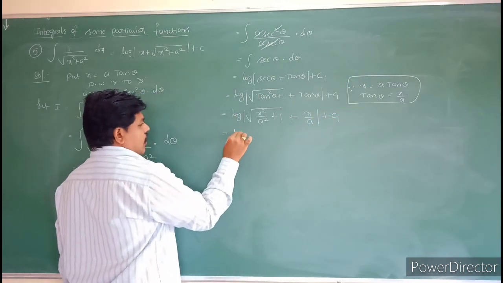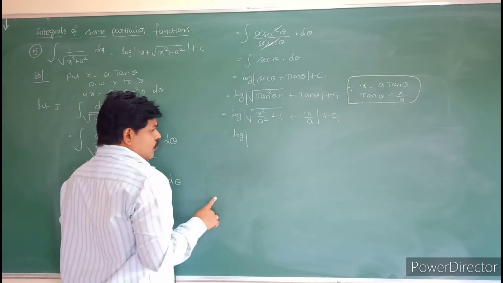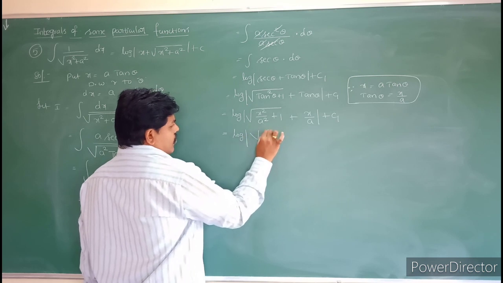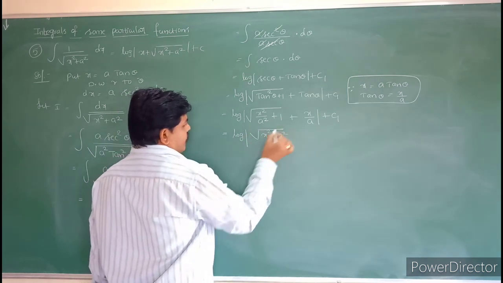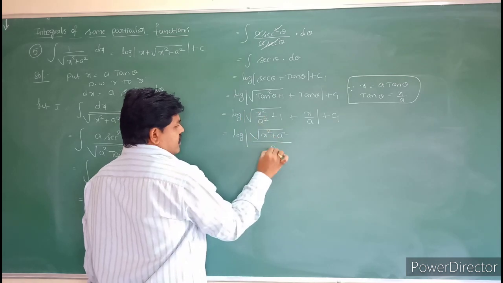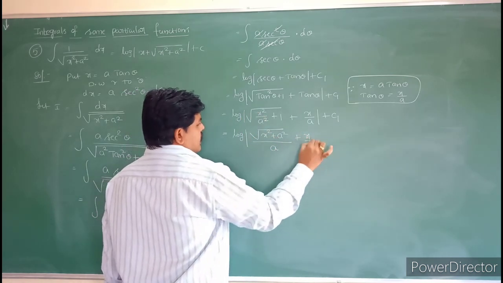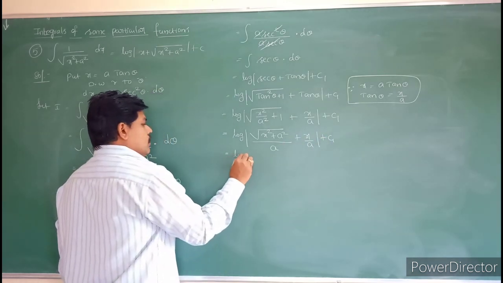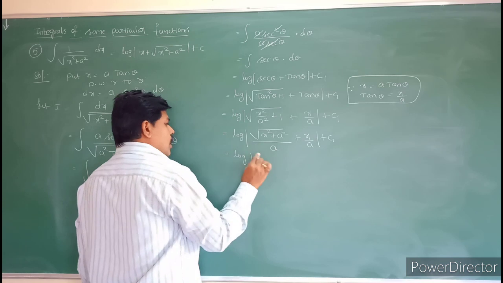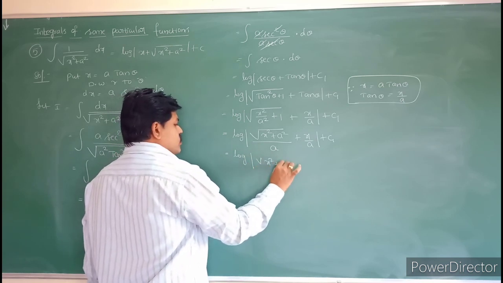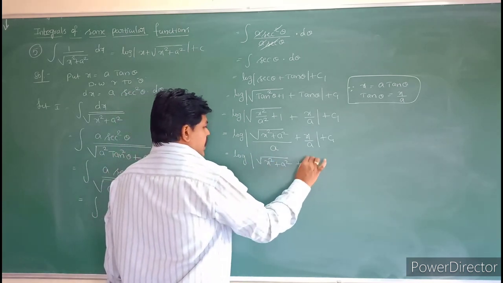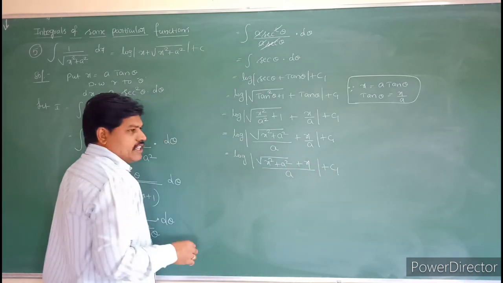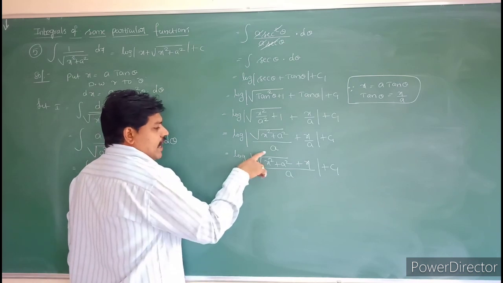So that is equal to log of mod, take the LCM: square root of x square plus a square by a, the square and the root will be cancelled, you will get a, plus x by a, plus c1. So that is equal to log, take the LCM, mod root of x square plus a square plus x by a plus c1.